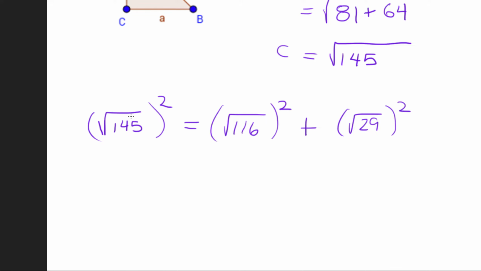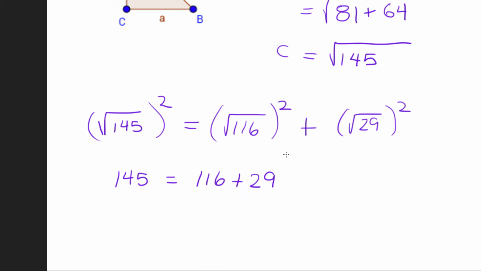Now, what is the square root of 145 squared? Well, you guys know that I don't like to use the word canceling, but in this case, the exponent is equal to 1, right? Because the square root is exponent of 1/2. So 1/2 times 2 is 1. So this is just 145, aka canceling, right? The square roots cancel the square. Now, the same thing happens with this one. So this is 116 plus, and the same thing happens with this one, plus 29.